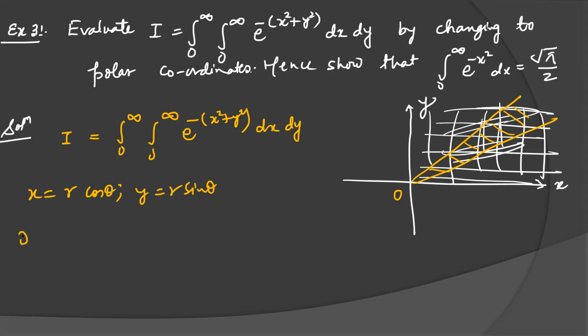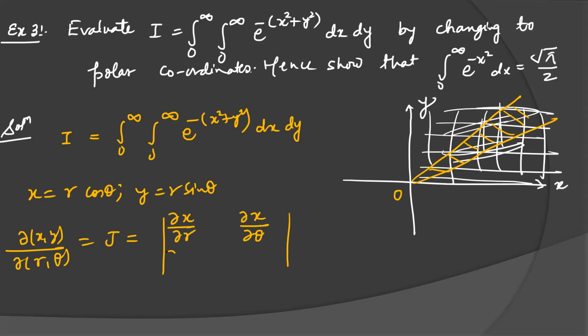If you find the Jacobian of xy with respect to r and theta, that is the determinant of del x over del r, del x over del theta, del y over del r, del y over del theta, and you can calculate it. You will get this is equal to r only.